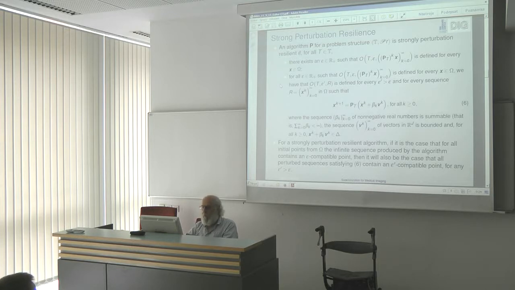Now, strong perturbation resilience is a technical definition. I cannot really go into details, but let me point at things which will give you the idea. In the original algorithm, we start at some initial vector in omega, and we keep applying the operator, and the output is the first time we get below epsilon.